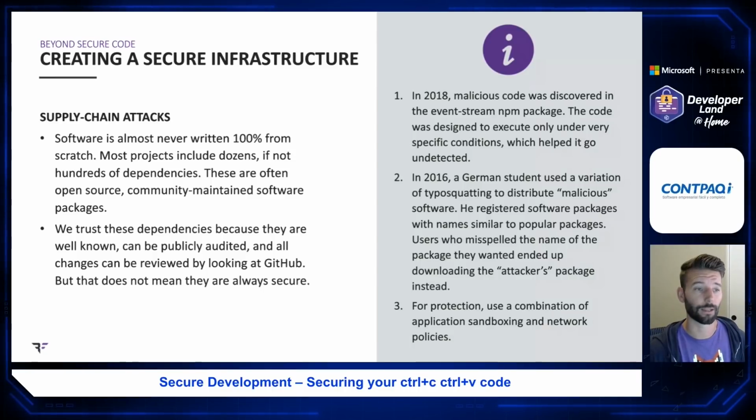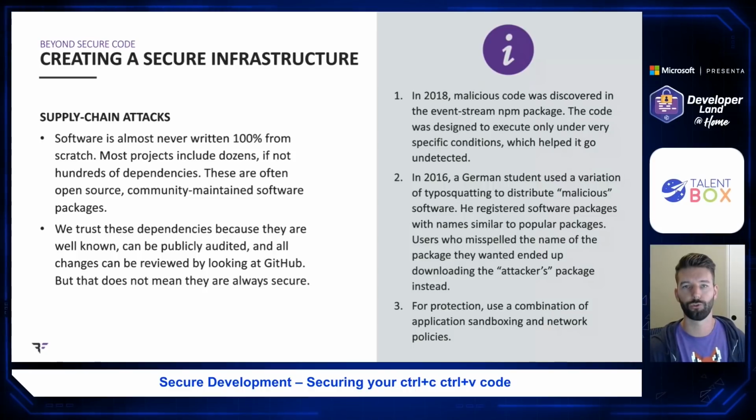And he found that a lot of users actually misspelled the package that they wanted to use, and they ended up installing his package instead, which in this case wasn't malicious because he was a researcher. He wasn't doing it for malicious purposes. But if an attacker did that, they could execute code on your system. So those are examples of things that you have to be careful about.